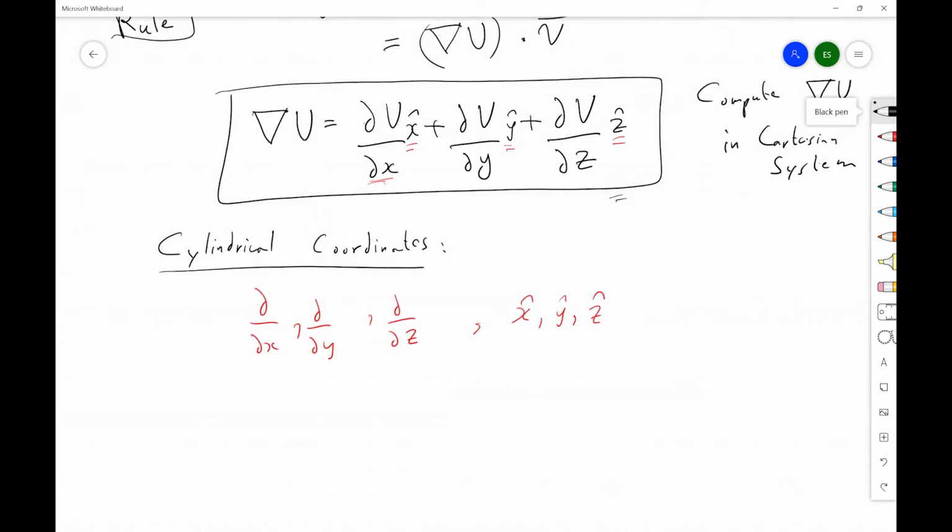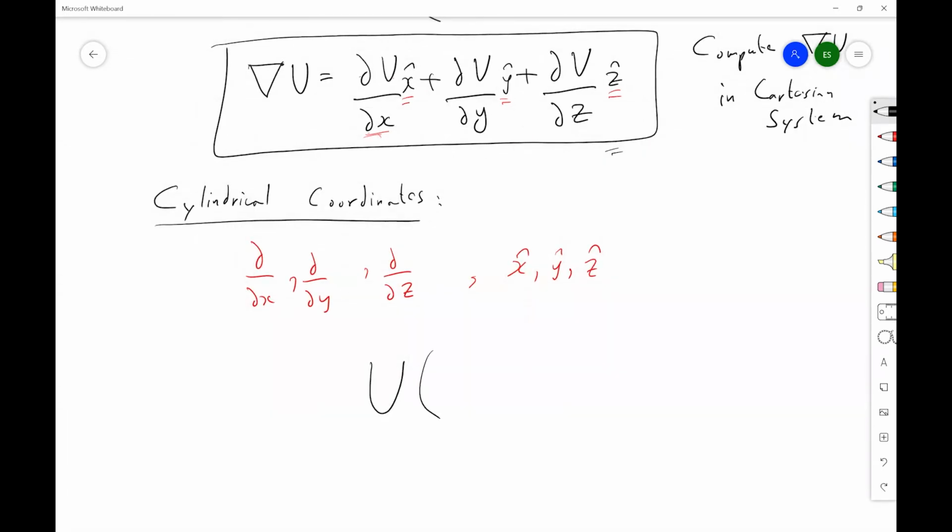So the idea is simple. How can I express that? The idea is we want to find the chain rule for those operators. U is a function of X, Y, Z, right?